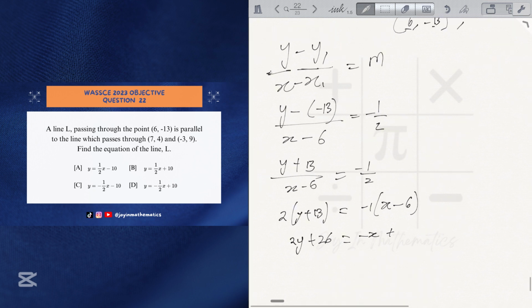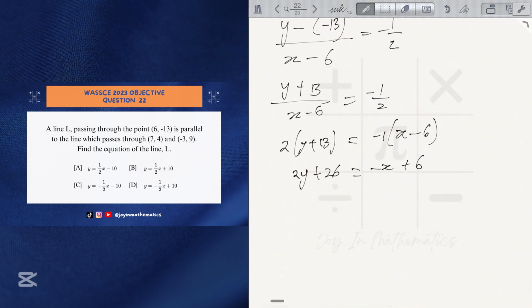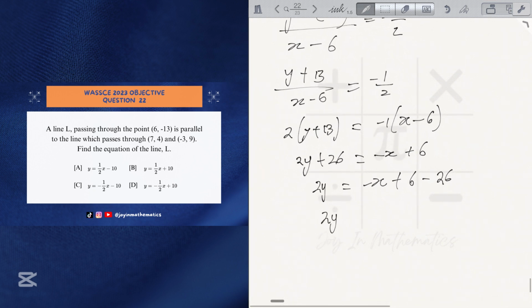Okay. So in view of that, we'll make y the subject of the formula. So we'll have 2y to be equal to minus x plus 6 minus 26. So we have 2y to be equal to minus x minus 20.